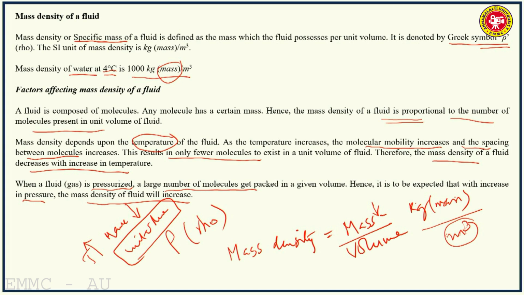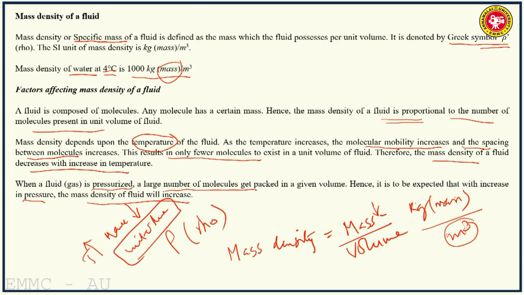So temperature increase ஆச்சுன்னு சொன்னா அந்த molecular mobility increase ஆகுது, அதனால spacing கூடுது, spacing கூடும்போது ஒரு unit volumeல் இருக்கக்கூடிய number of molecules குறையுது, அதனால mass குறையுது. So mass density decreases with increase in temperature. அதே pressure எடுத்தோம் அப்படின்னா, liquidை விட்டுருங்க, ஒரு gas எடுத்துக்கிறோம்னா gases are highly compressible. So when you are pressurizing, the molecules come closer together.